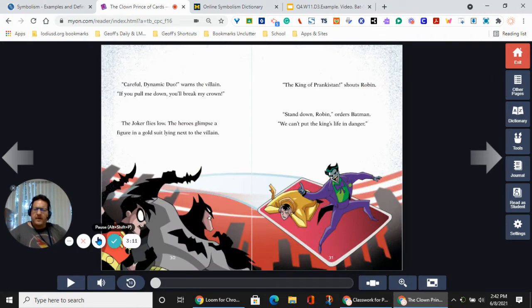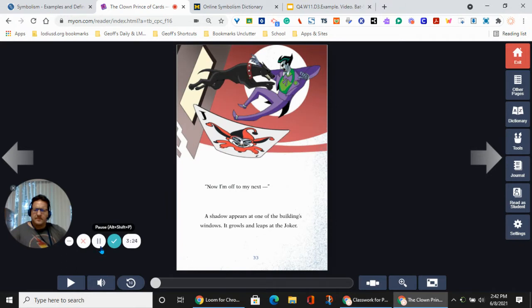The electromagnetically powered card not only has the Joker flying around on it, but he also has the kidnapped king held hostage on it. But fortunately for everyone, the Bat Hound Ace is able to knock the Joker off the card.